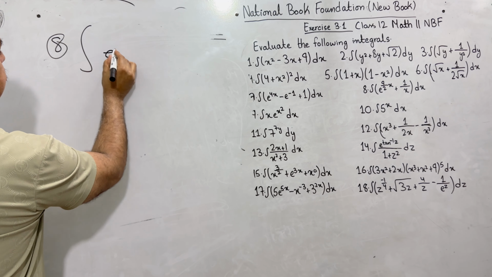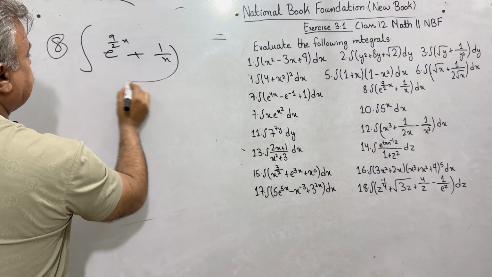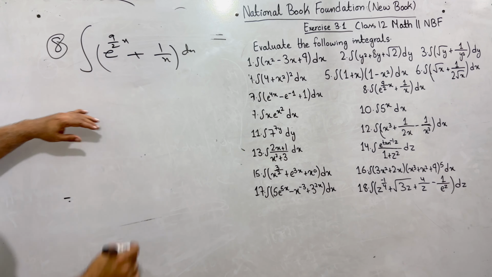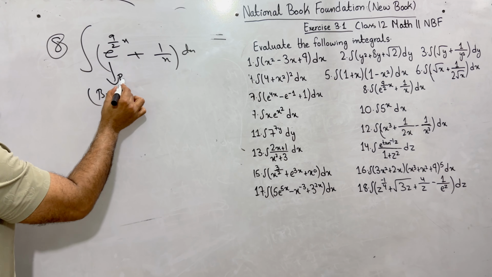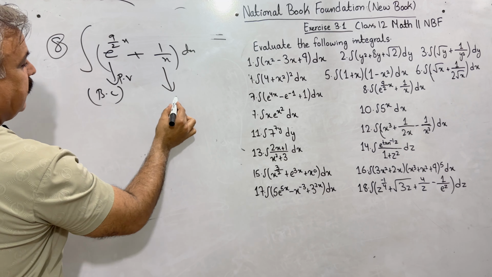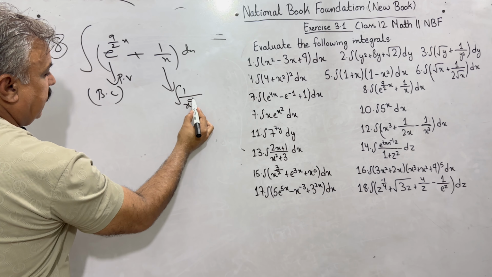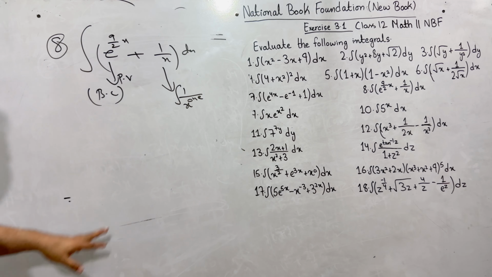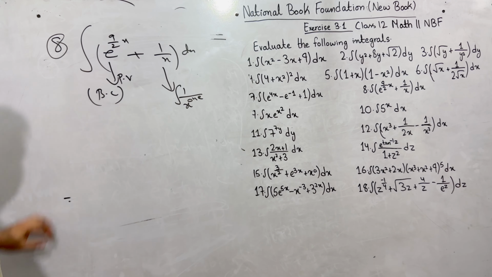E raised 9 over 2x plus 1 over x dx. Is it our base constant or variable situation? Here x has power 1. Let me write for you in words to clarify the situation: x is in the denominator, having power 1. How to handle this?